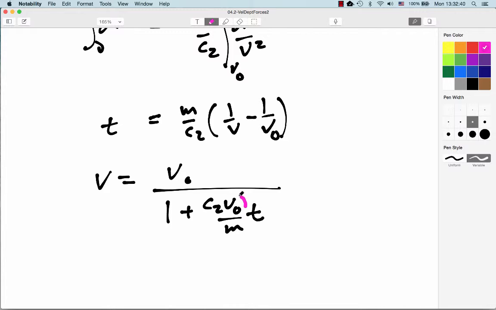So let's take this bit right here and we'll call that k, just to make this a little easier to write. So then this will equal v naught over 1 plus kt.